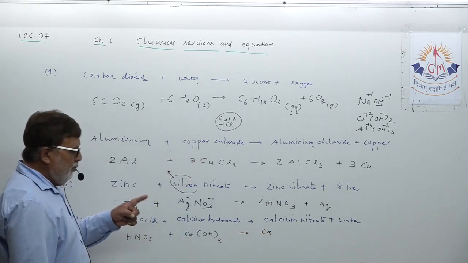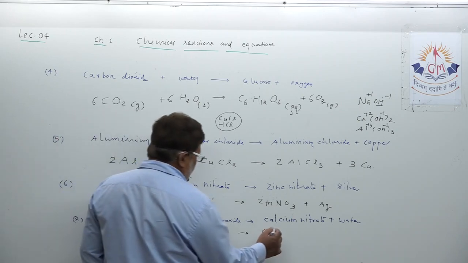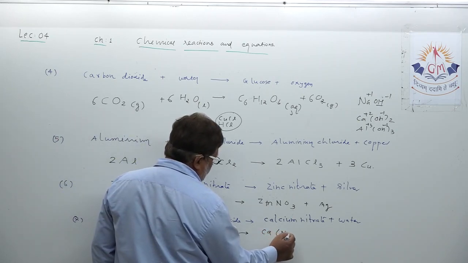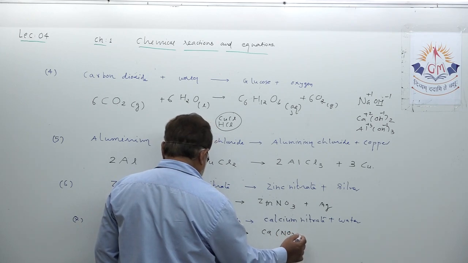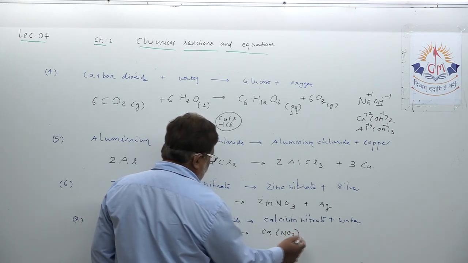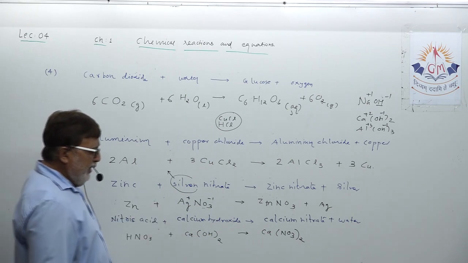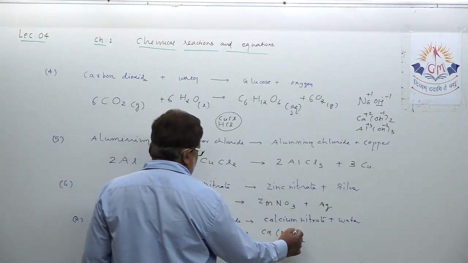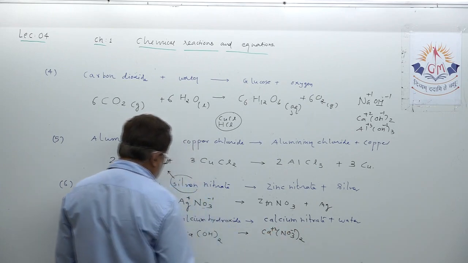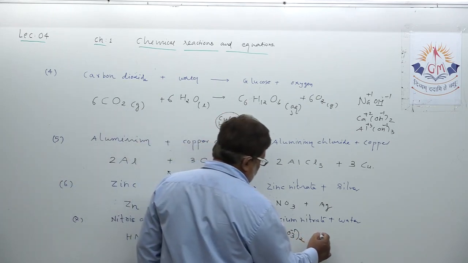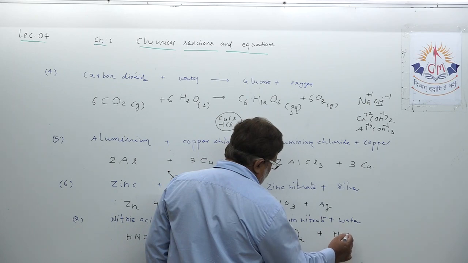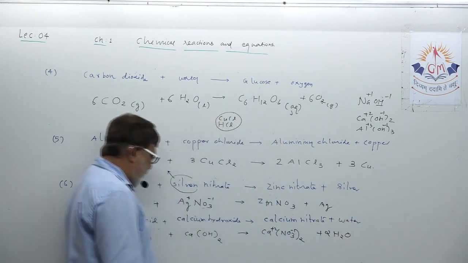How should I write the formula? CaNO3 or Ca(NO3)2? Obviously Ca(NO3)2, because calcium is plus 2 and the nitrate ion valency you know is minus 1, to balance it. And water is formed. Calcium nitrate plus water, for balancing put 2 here.